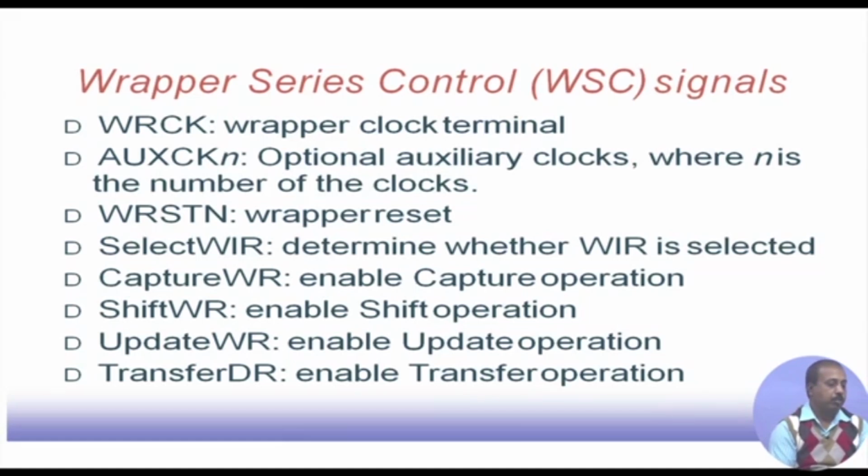Then capture WR enables the capture operation, shift WR enables the shift operation, update WR enables the update operation. The boundary scan cell structure and this wrapper cell structure are similar, so all the modes that you have in the boundary scan cell, we will have here as well. All these 5 operations are possible.